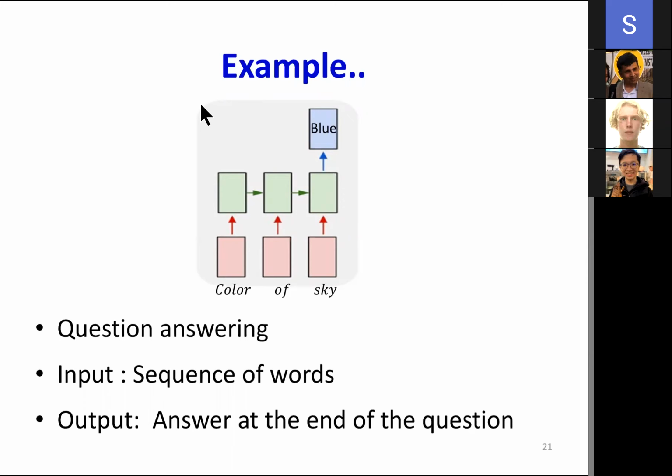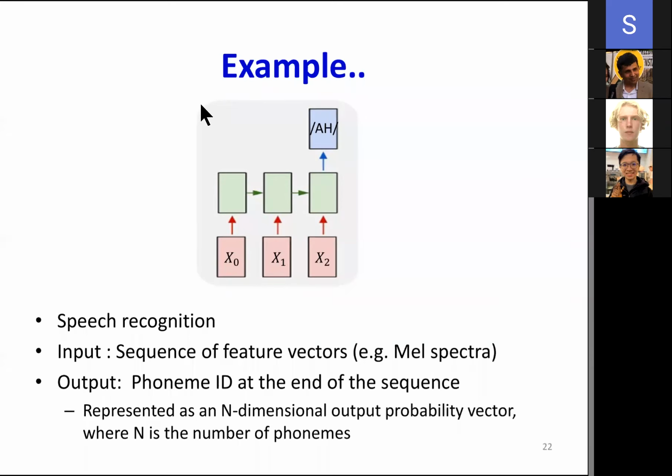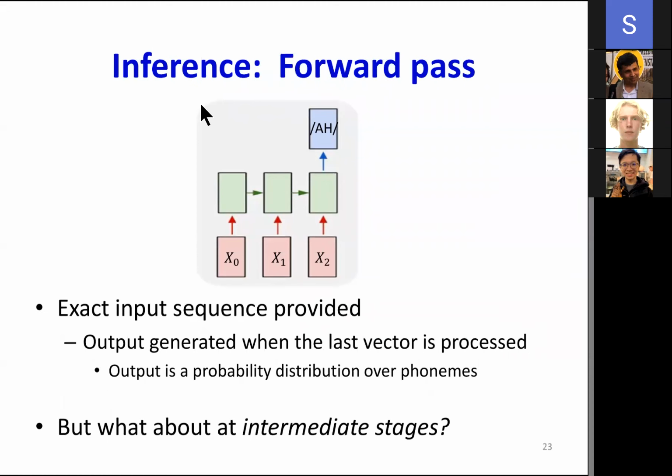Now, here, the inference is simple. You're going to get the sequence of inputs. For speech, it would be the sequence of spectral vectors. For question answering, it would be the sequence of words. And then finally, at the very end, you're going to produce an output. But then here's the question.